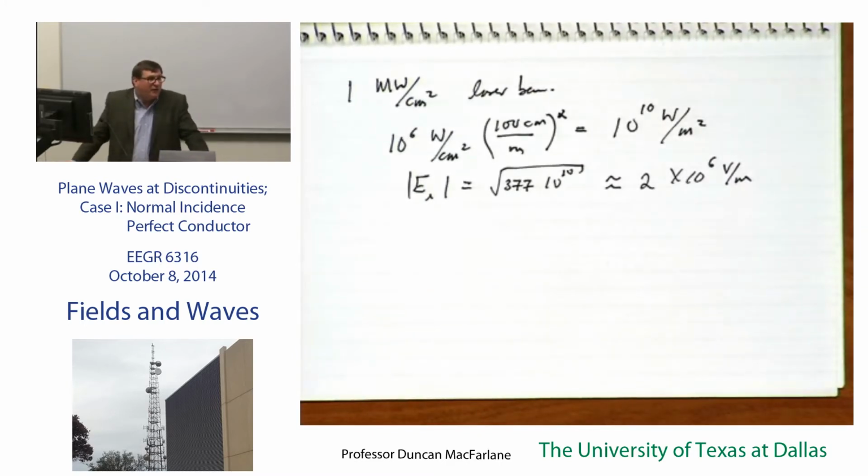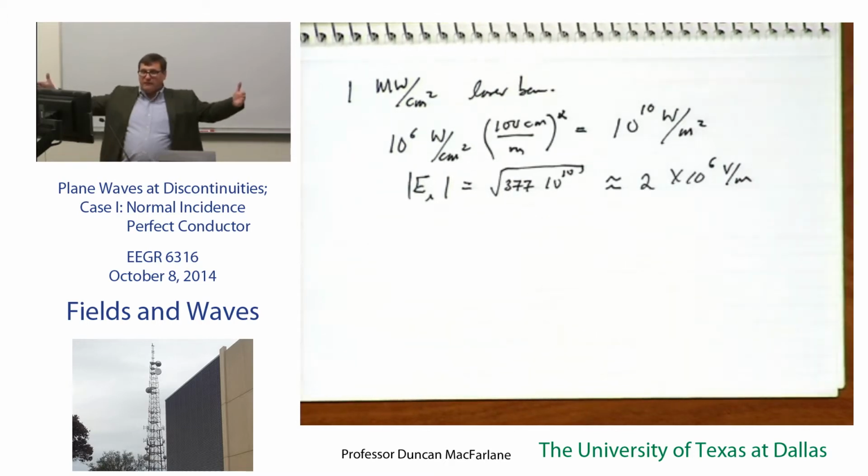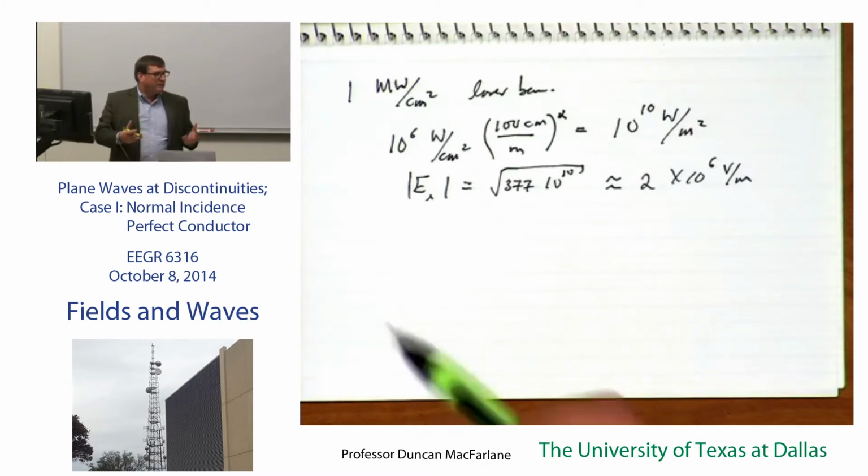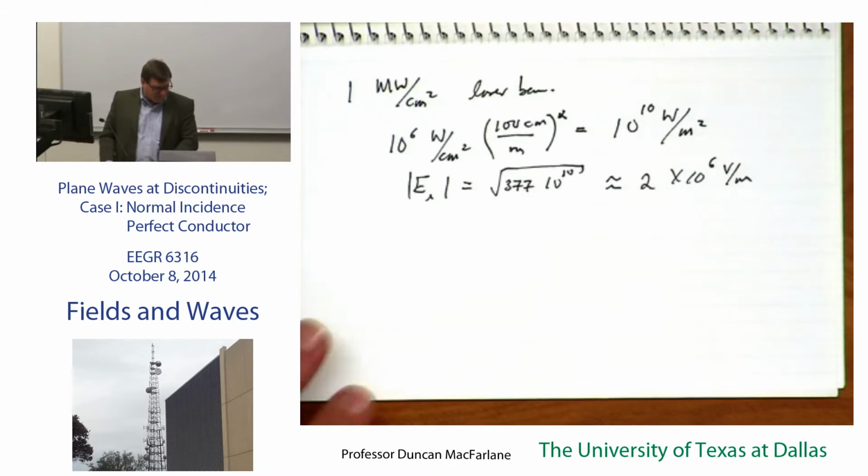So a couple megavolts per meter. So how many 9-volt batteries? 1,000 or so connected up to give you that kind of a field. So again, this is not outrageously big or outrageously small, but this is a pretty hefty thing.